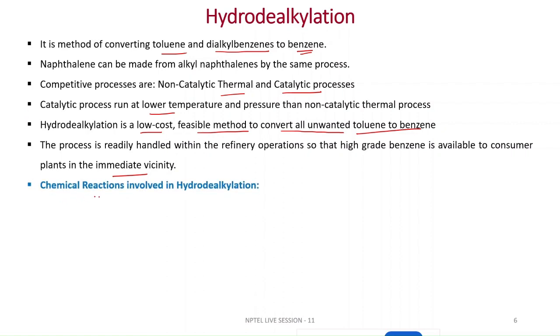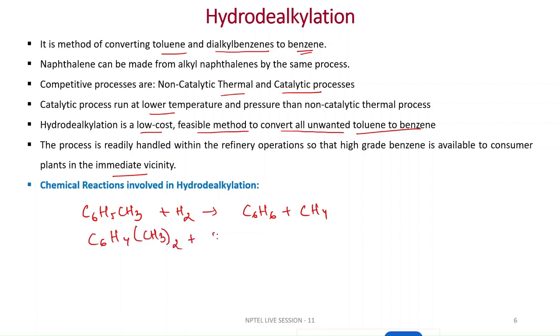So we will now discuss the chemical reactions involved in the hydrodealkylation process. So from here we will have first toluene as a reactant, C6H5CH3. This toluene reacts with hydrogen, so it forms benzene and methane as well. Then it also reacts with hydrogen and also forms benzene.